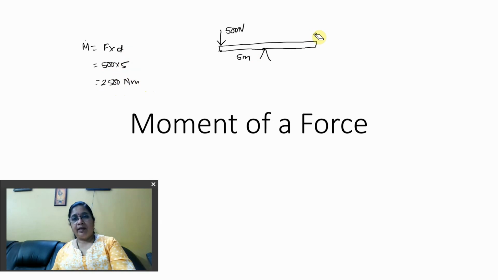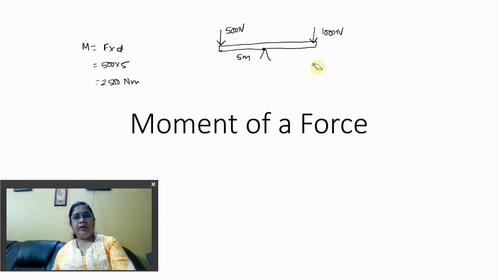Suppose your friend creates a force, let us say a friend is applying a force of 1000 newtons. Obviously the seesaw is going to go this side and it's quite unbalanced. To balance it, there's only one way: the total moment has to be equal.